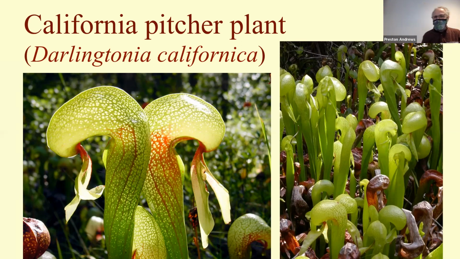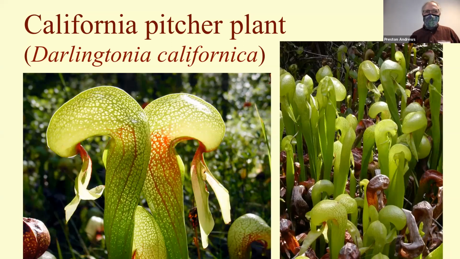There is now, near Florence, Oregon, a preserve that is the only preserve in the country dedicated to a single species, Darlingtonia californica, and it's called the Darlingtonia Preserve or something like that. So this is a very rare plant, not considered endangered because it's so rare in the wild.